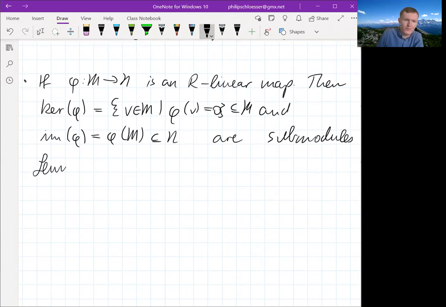Okay. Yeah, I call it a lemma. It's maybe a bit bigger than that, but still a slightly bigger result, maybe.